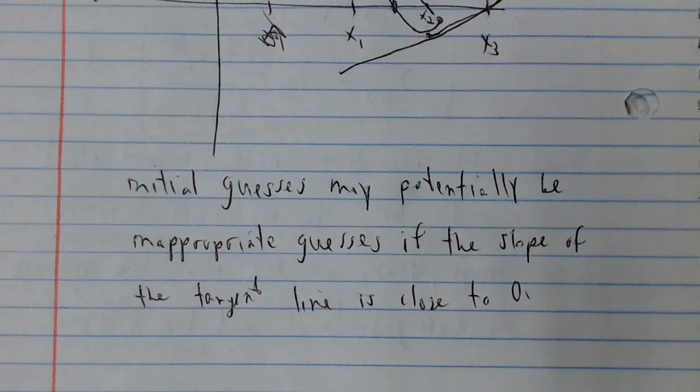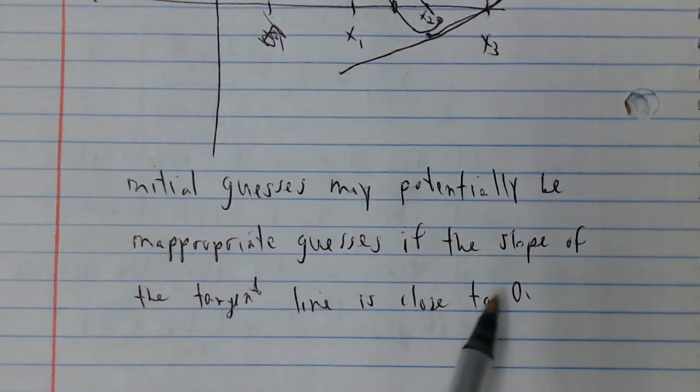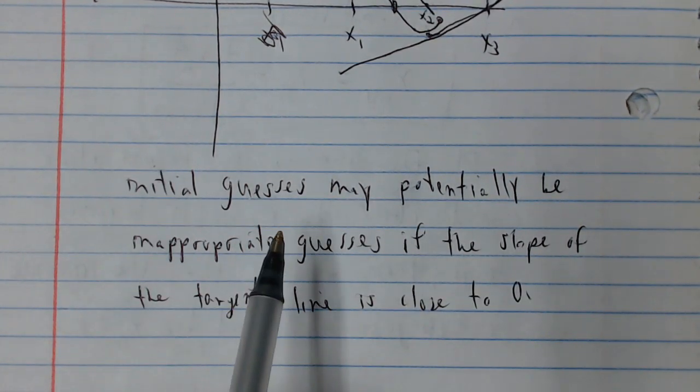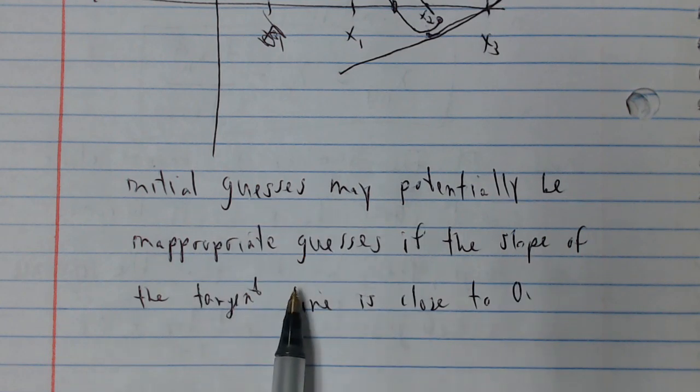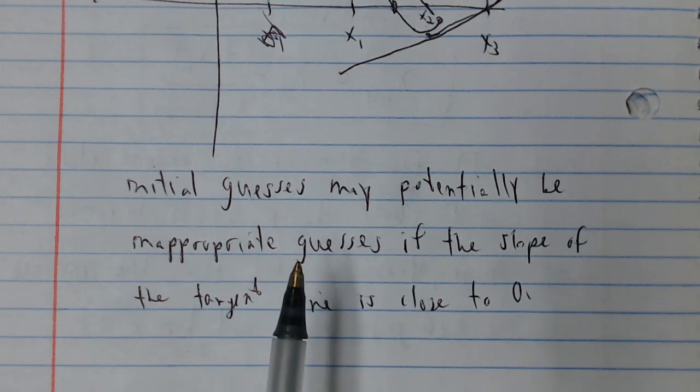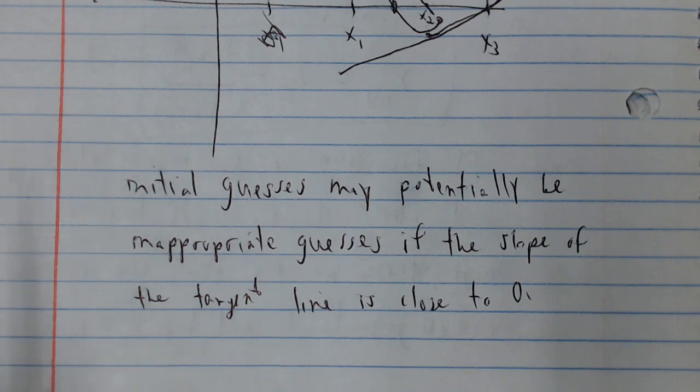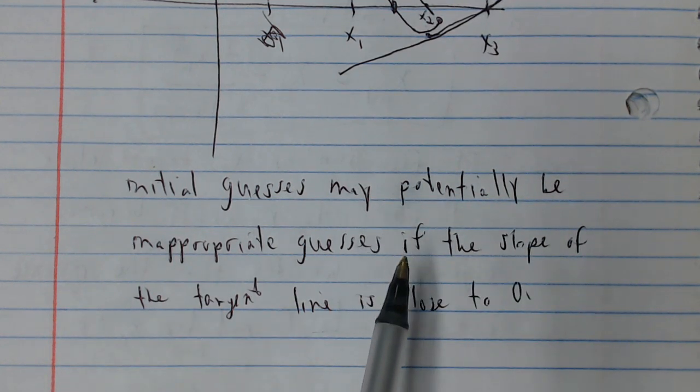Okay, so that's when you should have a good idea as to, hey, was my initial guess a good one or a bad one? If you get a slope of a tangent line that's fairly close to 0, chances are you may not be able to find the root that you're looking for.